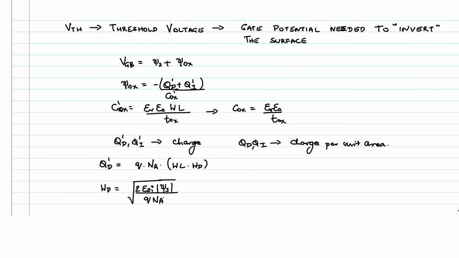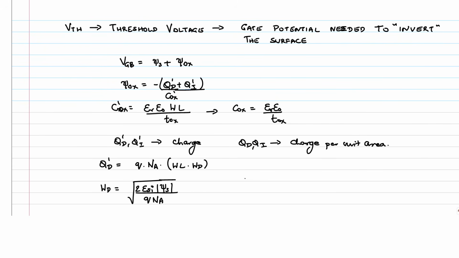Del squared phi equal to the charge density, minus Q into Na, and then you solve the differential equation by putting the boundary conditions. You will get this expression, but that you can do in a device physics course. So the whole point is that WD goes as root of psi s and is inversely proportional to Na.